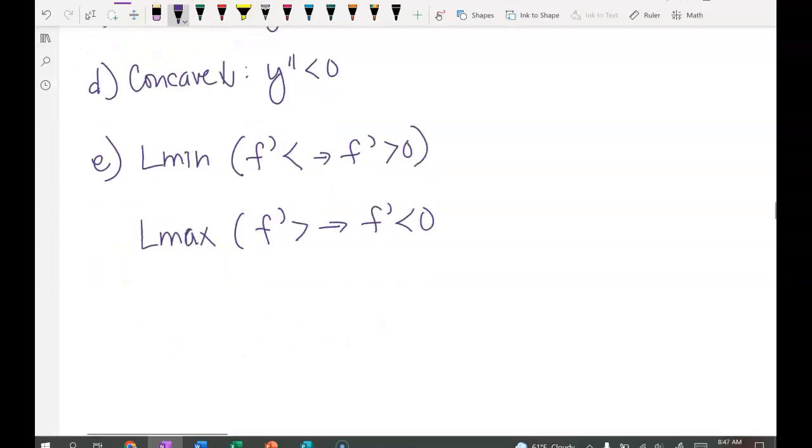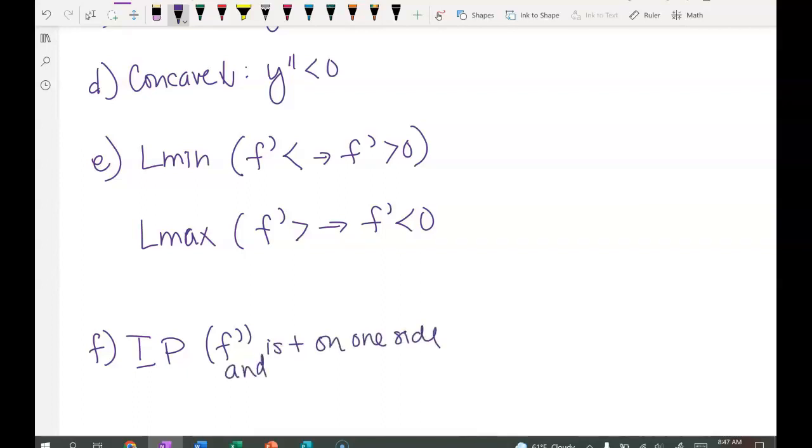And then we want to find the inflection point, so IP. Now, the inflection point, by the second derivative test, is when the second derivative is positive on one side and negative on the other, and vice versa. So all right, let's go.